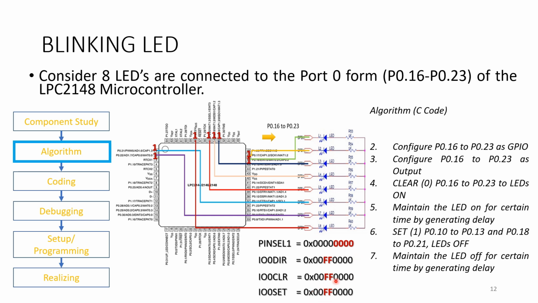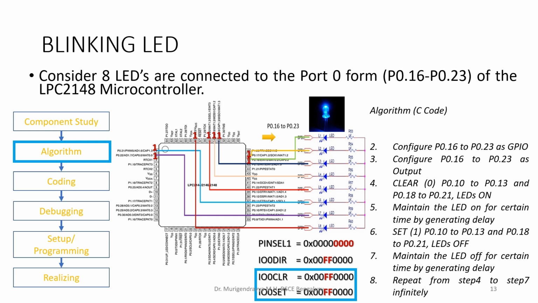To hold the LED off for a certain time, we have to generate a delay. Then to make the LED blink on and off continuously, steps 4 to 7 have to be executed repeatedly or infinitely. So this is the algorithm.